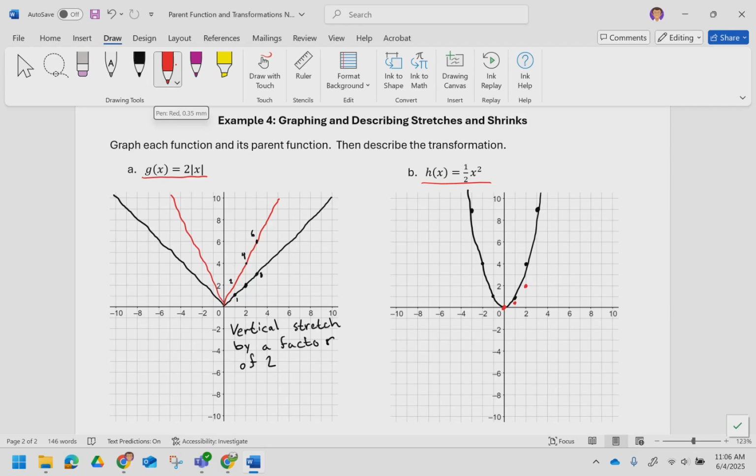Half of 9 would be 4.5. Let's see, 4 squared would be 16. Half of that would then be 8. Then we're going to get those same values here.